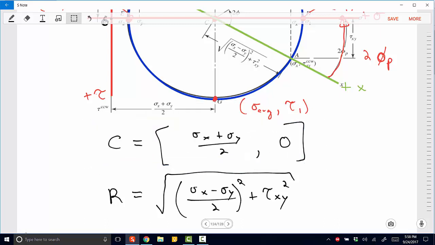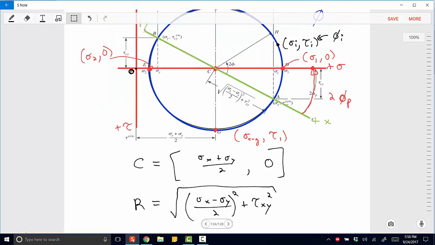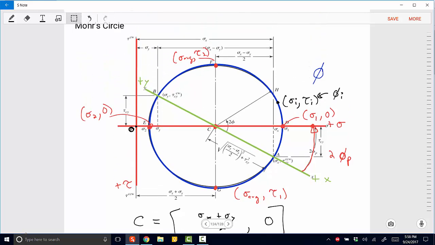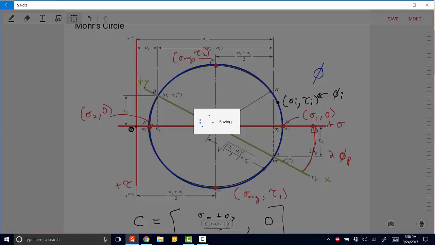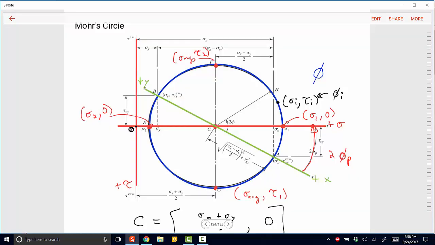These two make it much more efficient for us to find our Mohr's circle. So now that we've identified these key points of interest, let's work step by step to build up a Mohr's circle.